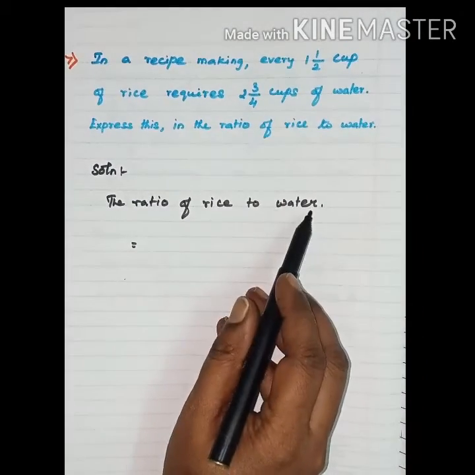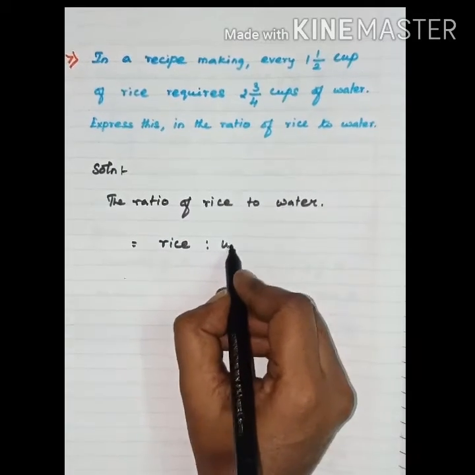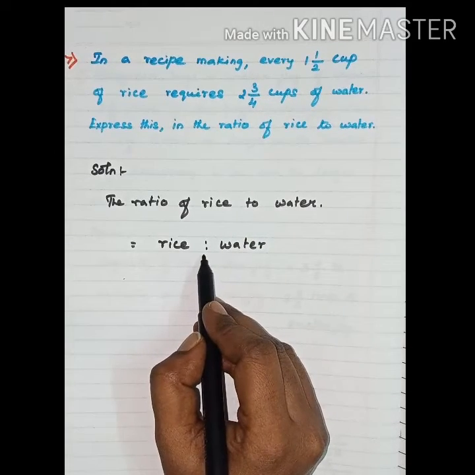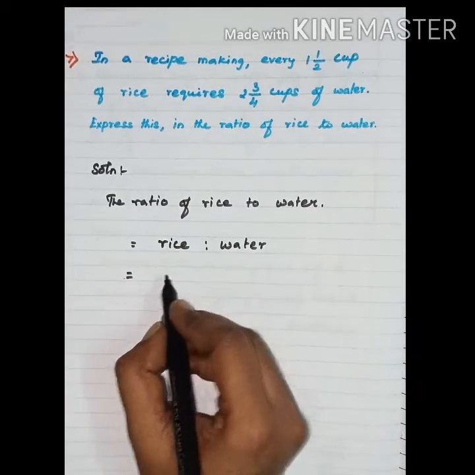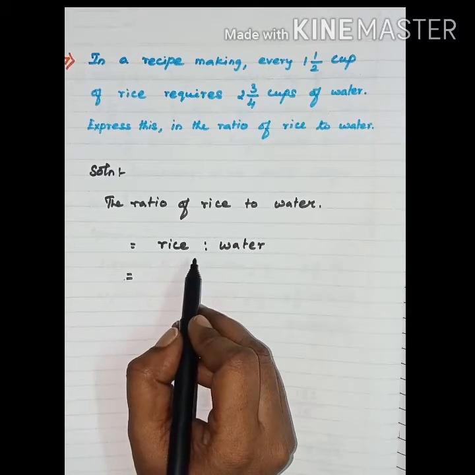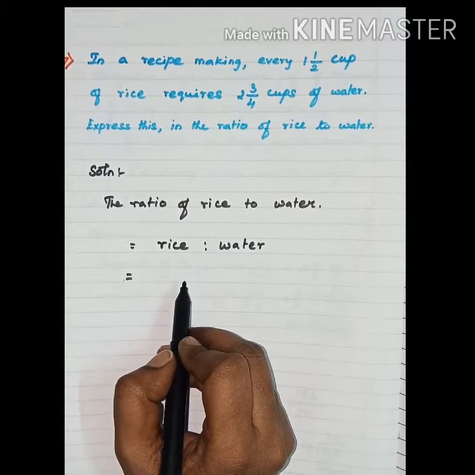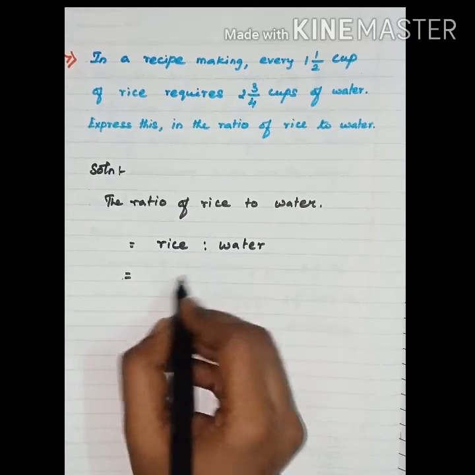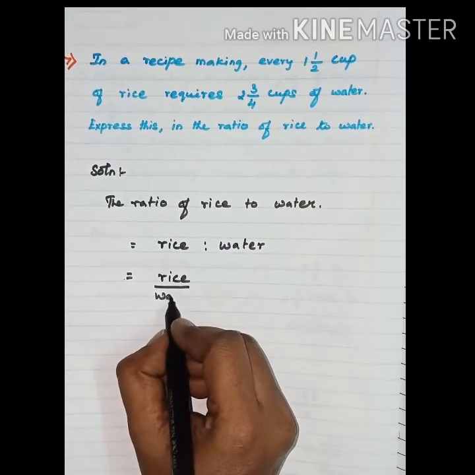Here rice to water, that is rice is to water. Instead of 'is to', we are using the ratio symbol. Already you learnt in the 7th standard that ratio can be converted into fraction. Similarly, fraction can be converted into ratio. So, rice is to water can be written as rice by water.